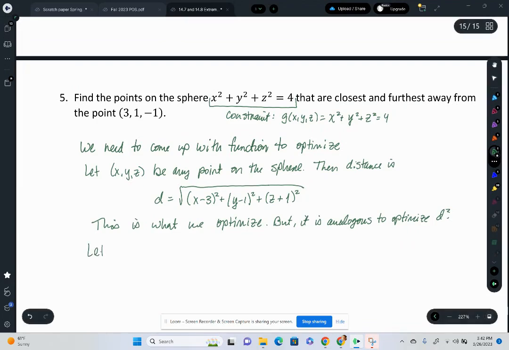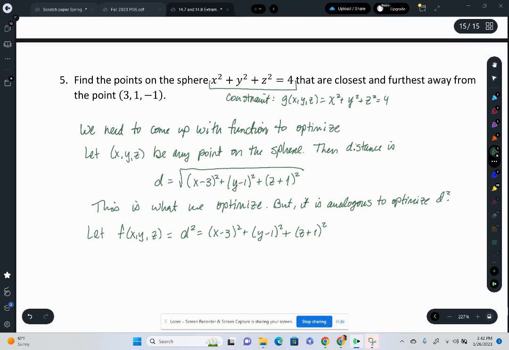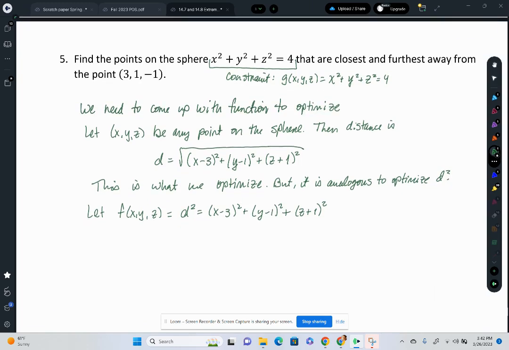So I'm going to let f of x, y, z equal d squared, which is (x minus 3) squared plus (y minus 1) squared plus (z plus 1) squared. That's what we're going to optimize.